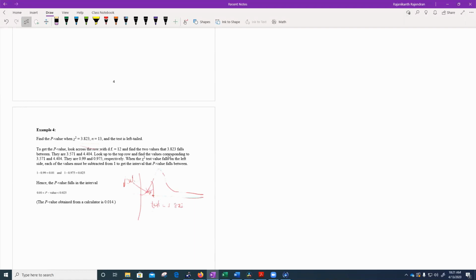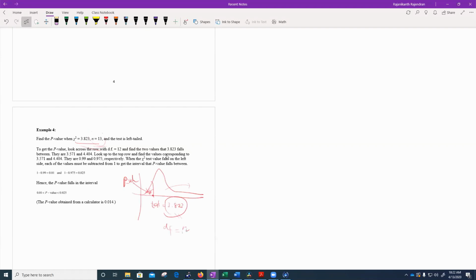If you look at your table, the table will give you the right side area. First find the right area, then subtract it from 1 to get the left area. I need the left area, so I'm looking for my test value. What is the degrees of freedom for this problem? N is 13, therefore the degrees of freedom is 12.